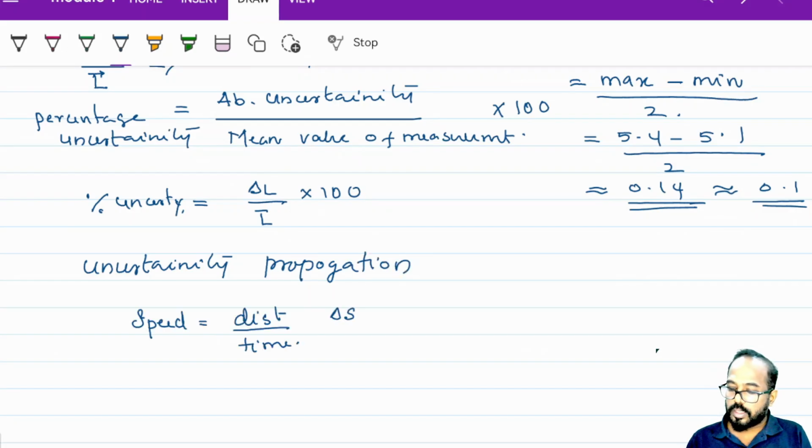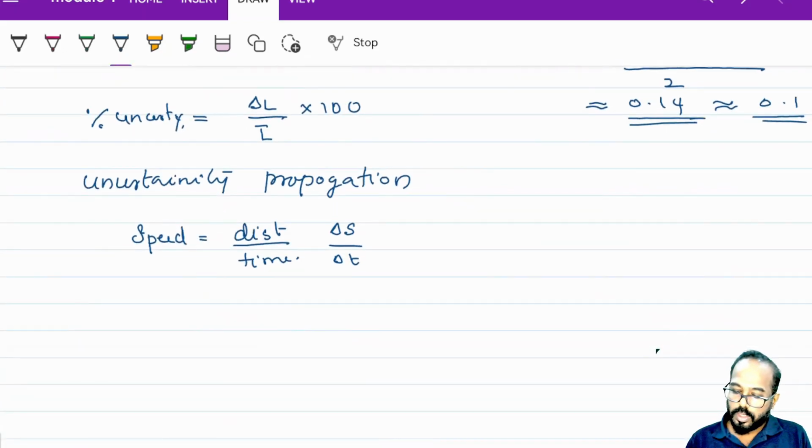So if you consider some uncertainty delta S in the distance measurement, and delta T is the uncertainty in the time measurement. Okay, so what happens is, if you want to find out the percentage uncertainty in the speed, I'm taking this as V. Percentage uncertainty, how will you calculate?